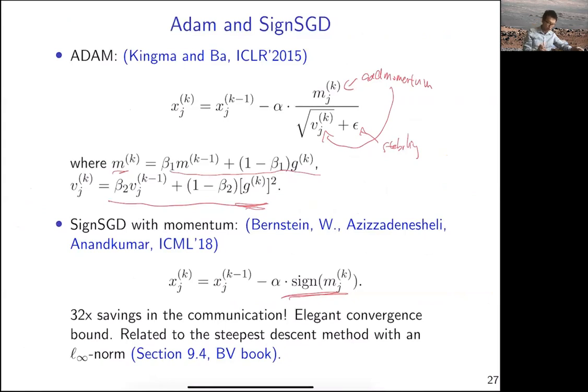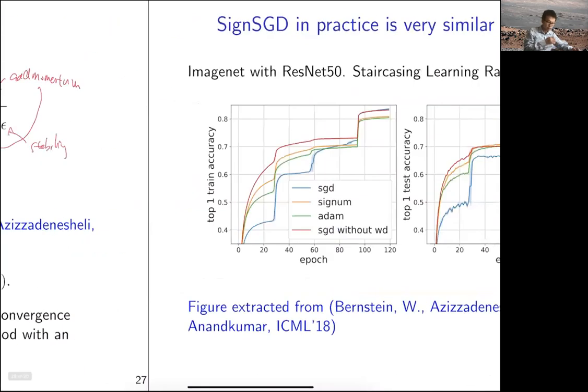And also we have an interesting convergence analysis that relates to the steepest descent. It turns out that it was a very simple analysis, and we can show that this algorithm actually works, and it sometimes works even better than the standard stochastic gradient descent.